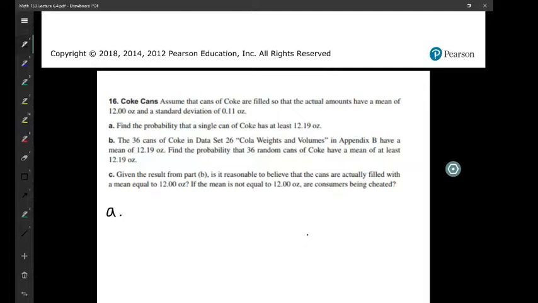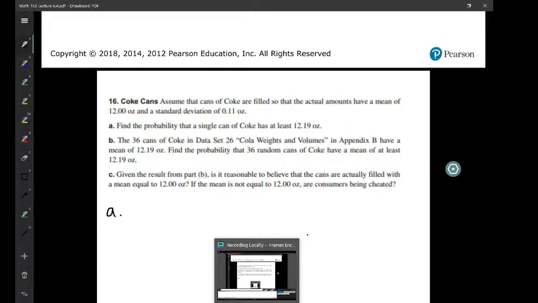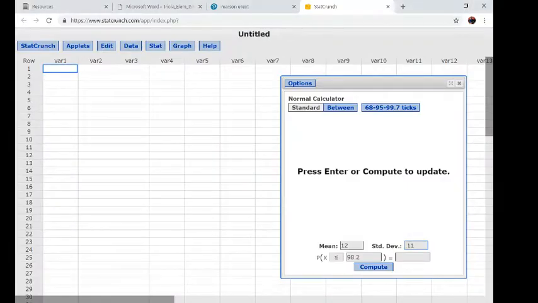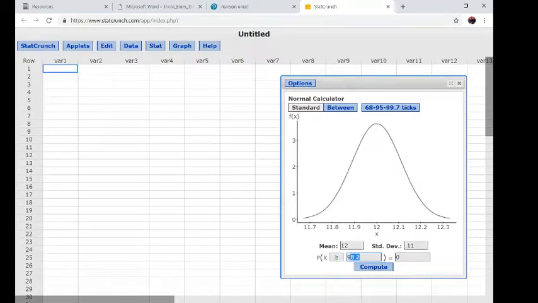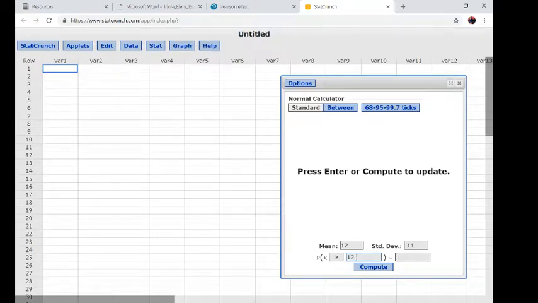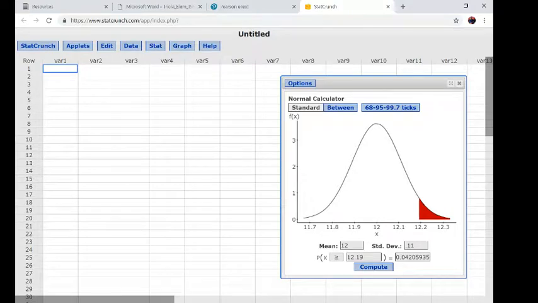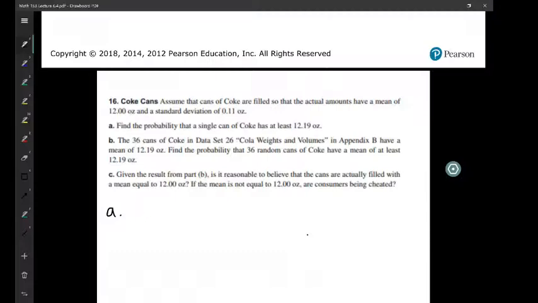So we want the probability that the volume of Coke in the can is greater than or equal to 12.19. So we set our random variable greater than or equal to 12.19. And then compute. So it's 0.0420. So round that to 0.0421 because of that 5.